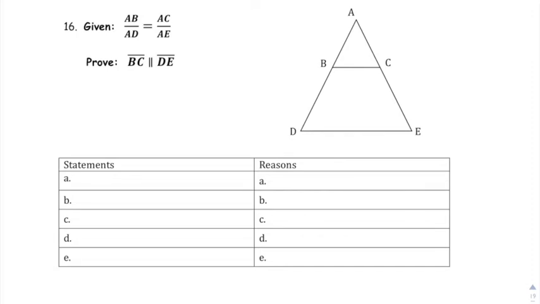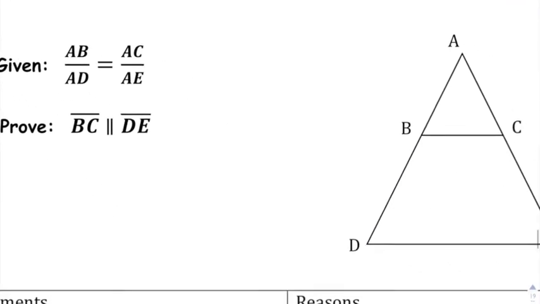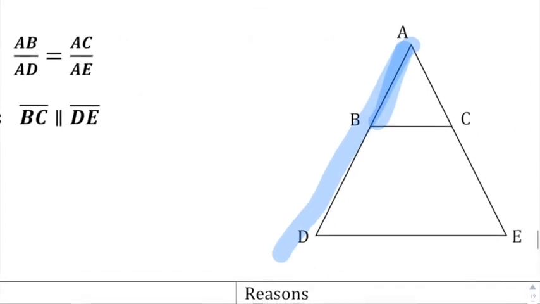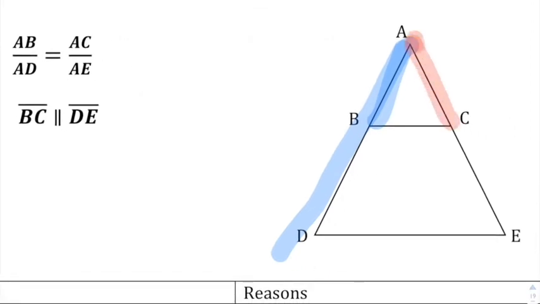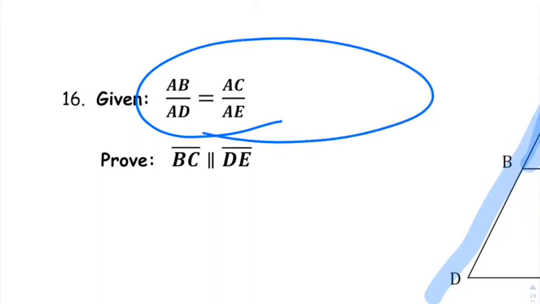So let's see here. So they give us right here this ratio here, which is kind of weird. They say we have AB and then we have that to AD. Apparently that is, let's get the highlighter again, that is equal to AC to AE. So what this means right here, if you want to write this next to this, that just means the sides are proportional.